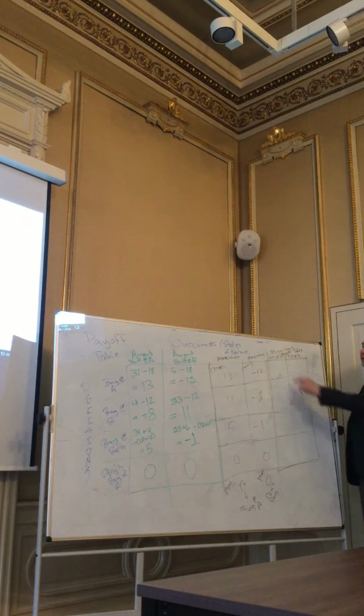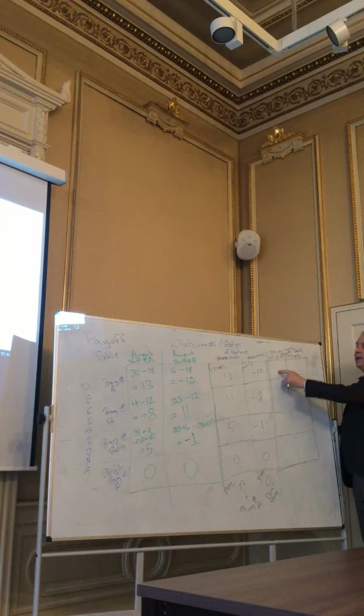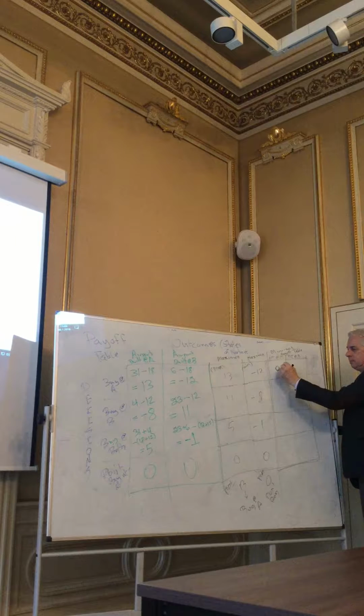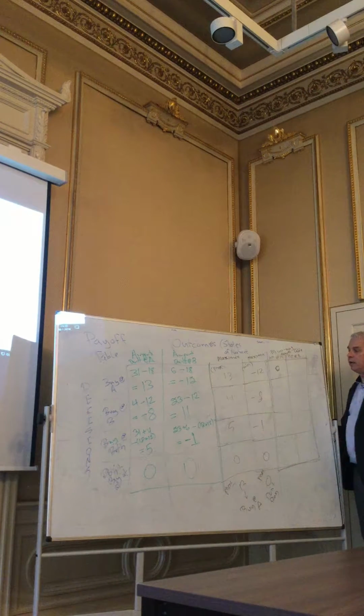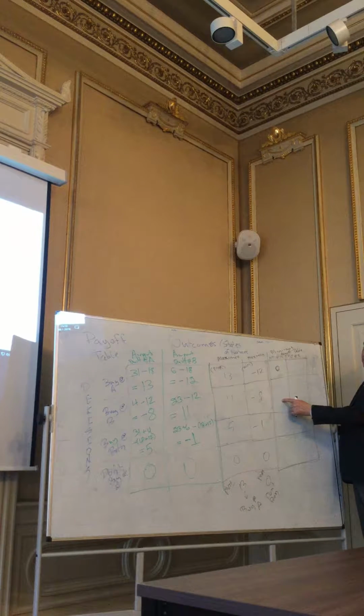So if you picked buy at A and the airport was located at A, how much would you regret that? Nothing, right? Why nothing? 13 minus 13. You made the best decision for that column, so you're not going to regret it at all. We'll get to the formula. How about this one? Let's say you bought at B and they built the airport at A. How much would you regret that?